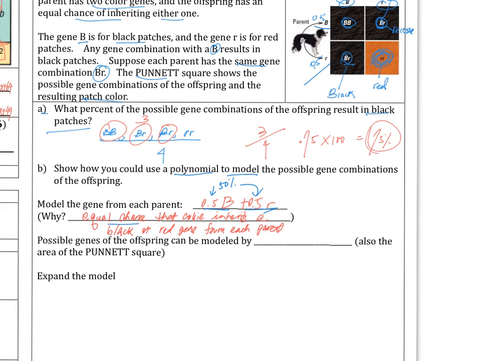So there's an equal chance that the collie inherits a black or red gene from each parent. So the possible genes of the offspring can be modeled by 0.5 big B plus 0.5 little r, squared, which is also the area of the Punnett square.